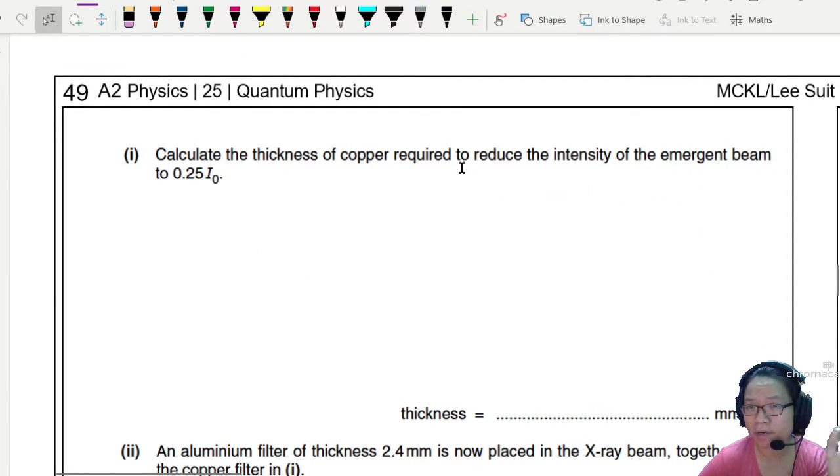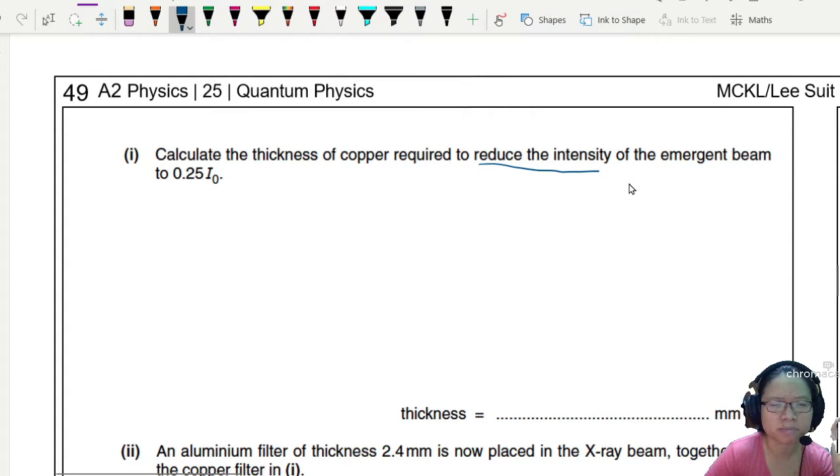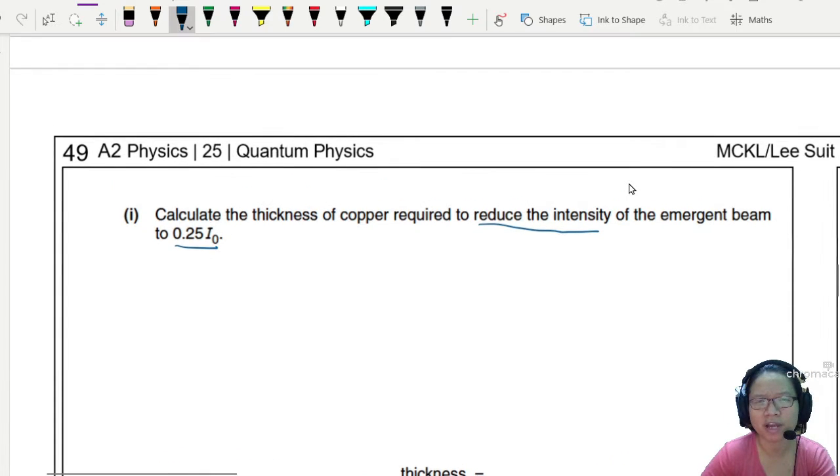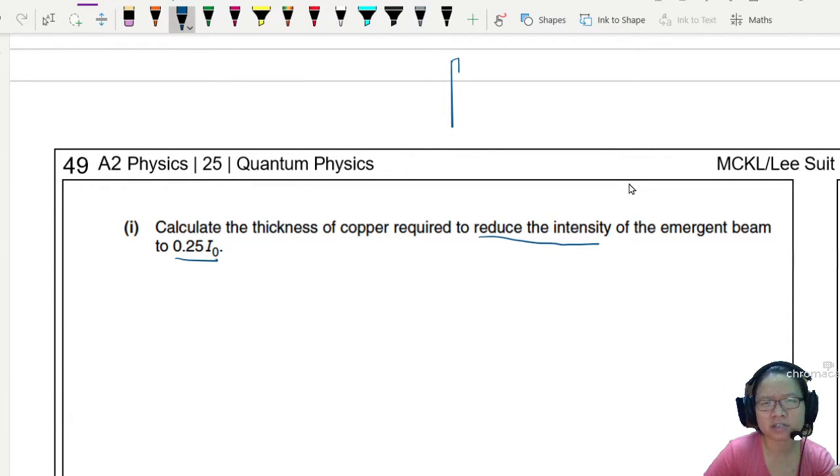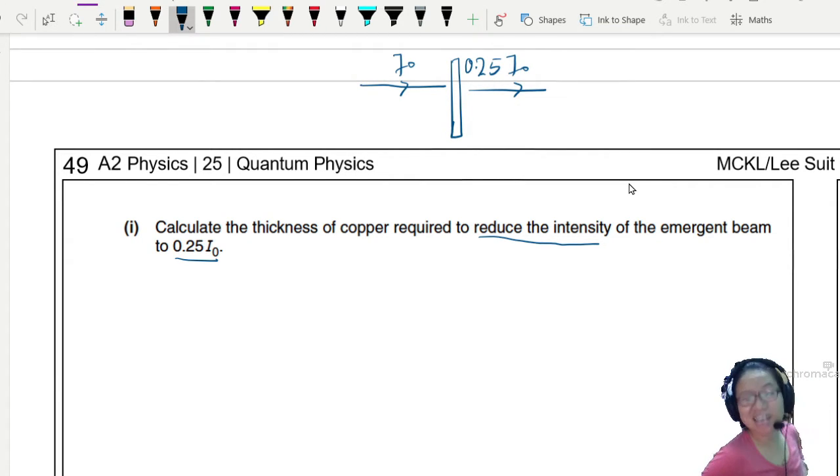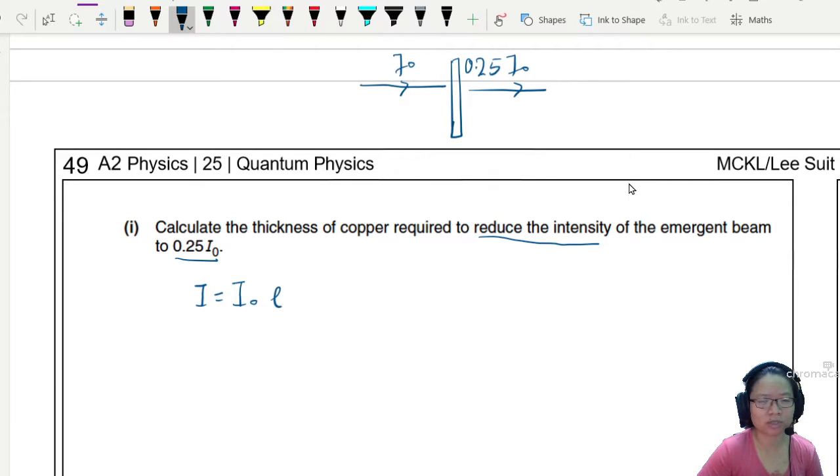Beautiful. Let's continue the question. Calculate the thickness of copper required to reduce the intensity of the emergent beam to 0.25 I0. So what we have here just now was the copper filter, and then we have the incident beam I0, and then the emergent beam, I just want 0.25 I0. Okay, maybe I don't need such an intense beam to protect my patient. Okay, so this is used as a filter. So I guess we could write the general equation first. I = I0 e^(-μx).